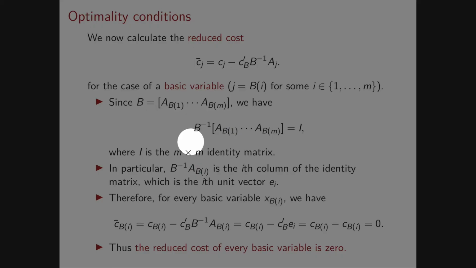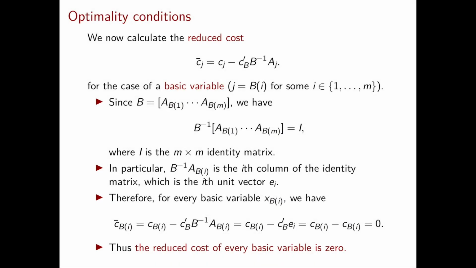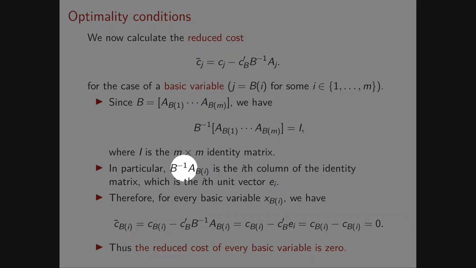B inverse is the same B inverse that we have here, and A_B(i) is the ith column in this big matrix. So this product is simply the ith column of this product. Therefore, it's the ith column of the identity matrix. So it is the unit vector e_i. Now the product B inverse A_B(i) is exactly what we needed to compute here under the assumption that j is equal to B(i).